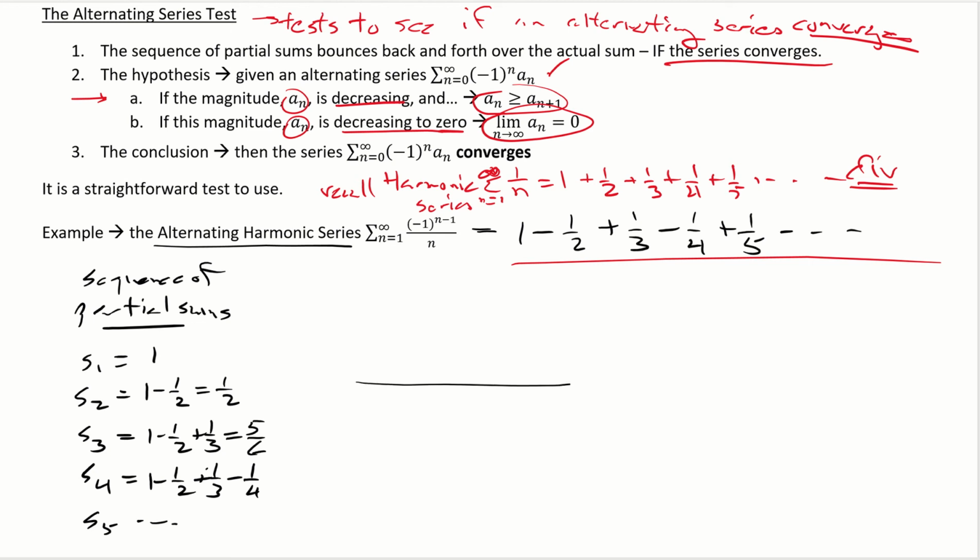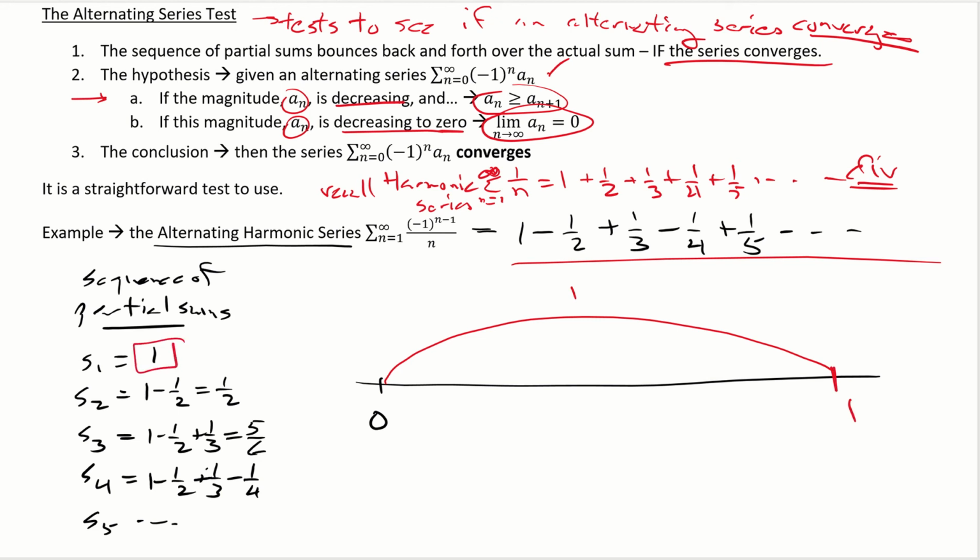But what does that look like? If you look in a textbook, they always do this. You start at 0, and then with this guy, you add 1. You start off with 1. That's where you are first. But then you subtract a half, right? And this is S sub 2 right there, which turns out to be 1/2.